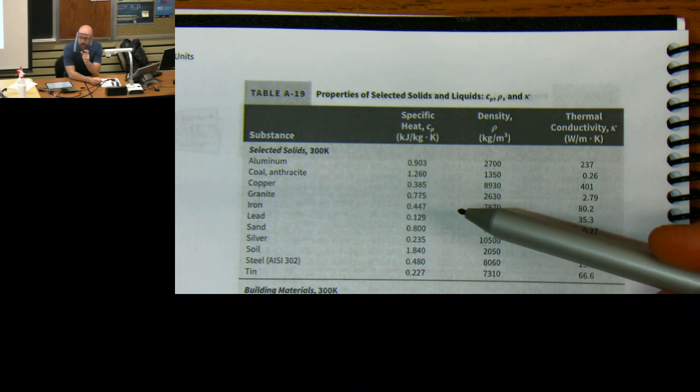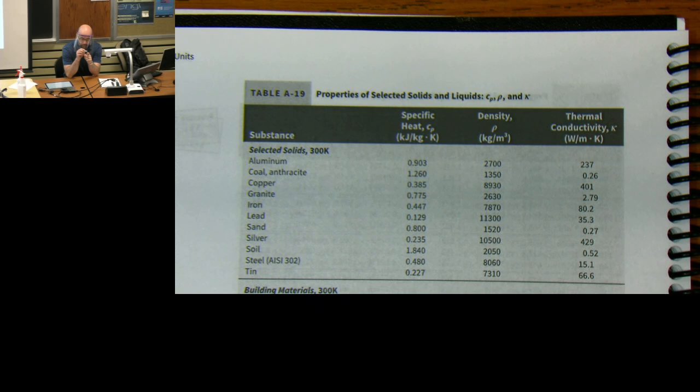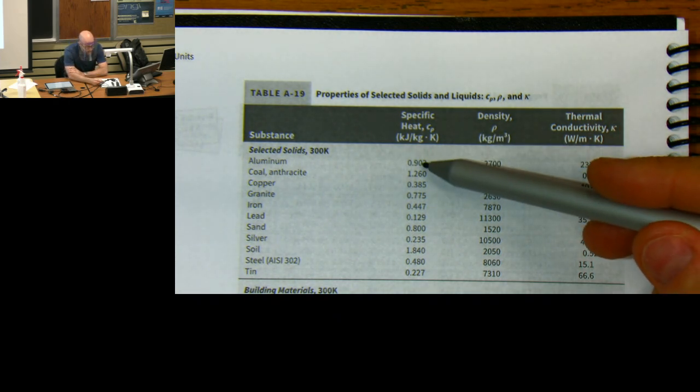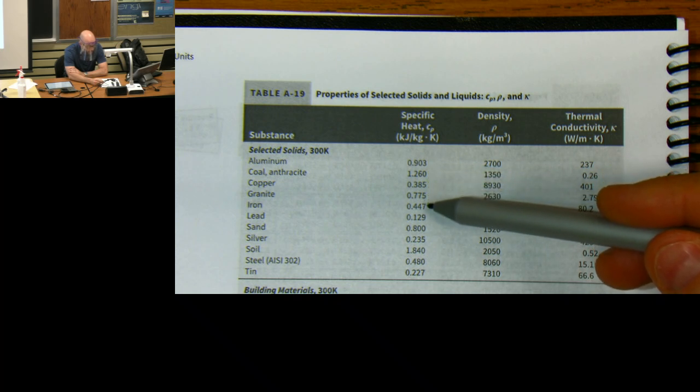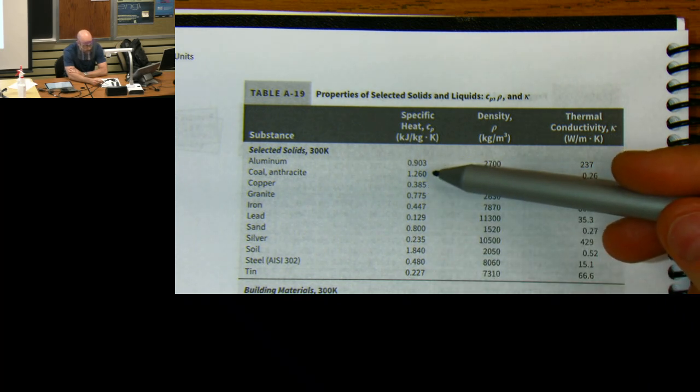So really, we should look at the initial temperature and the final temperature, find the C sub P at temperature 1 and at temperature 2, take the average of those, and use that value as our C sub P. But we don't have that information. All they gave us is selected solids at 300 Kelvin. So let's just go with it, because it's a good assumption that the specific heat doesn't change appreciably, and we're good to go.